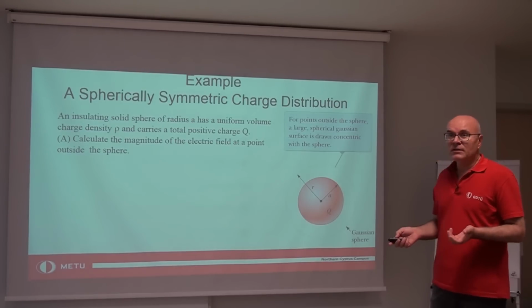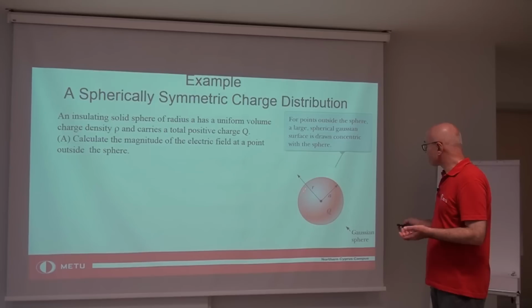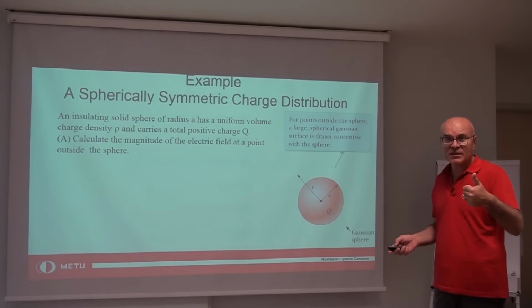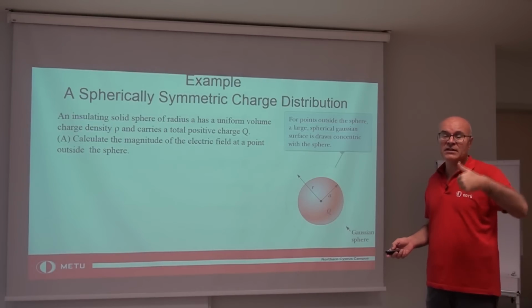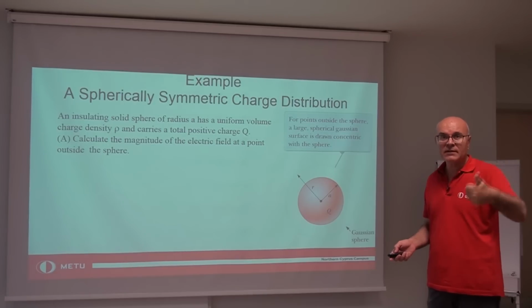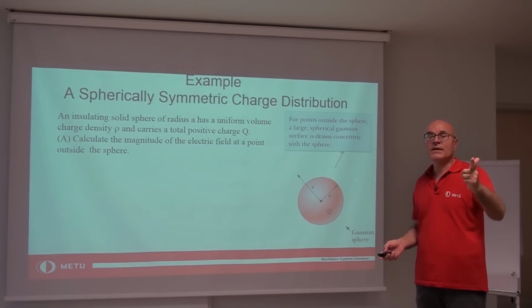So how do we know it? I want to choose this Gaussian surface so that the electric field is preferably constant and parallel to the dAs if possible.